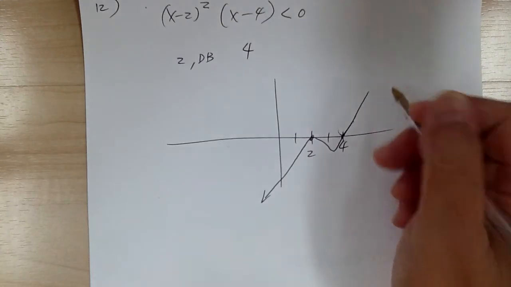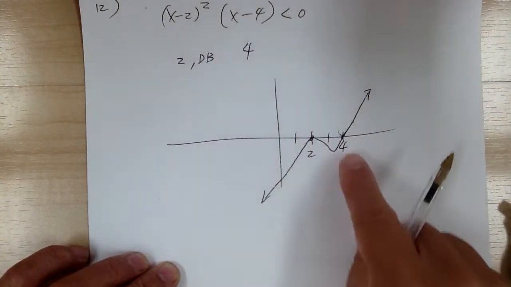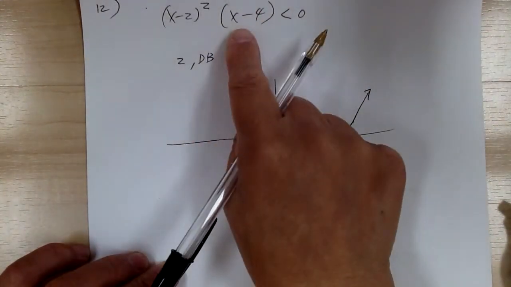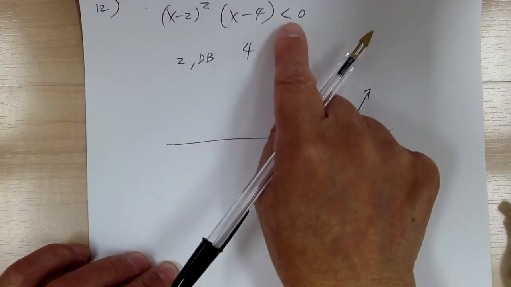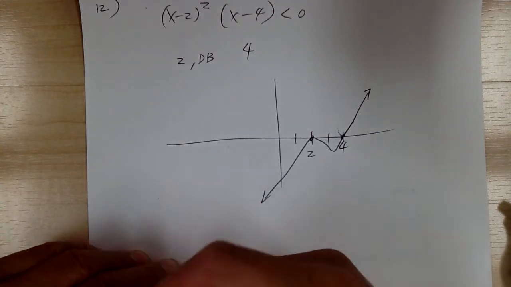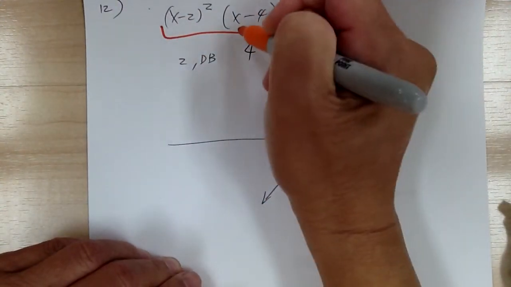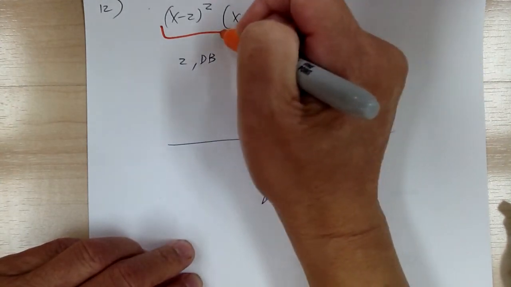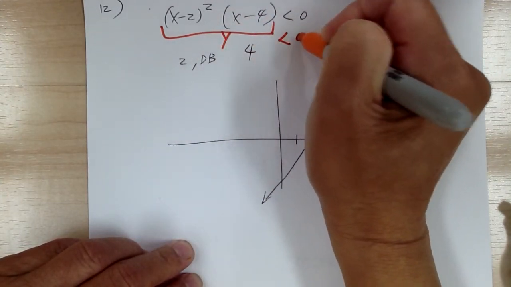Okay. The next thing you have to do is, so this is a sketch for that, but you have to solve for which part would be less than 0. So the way to do that is realize that this whole thing is y. So you have y less than 0.